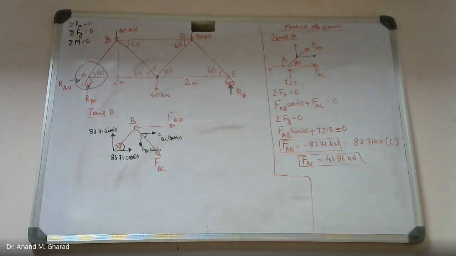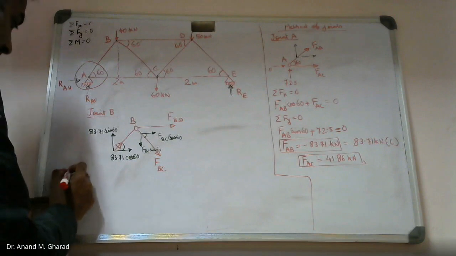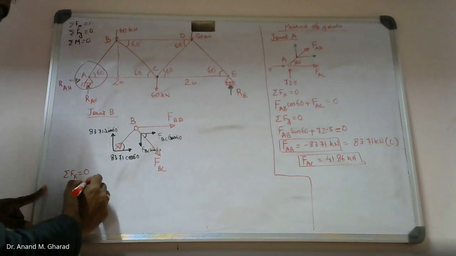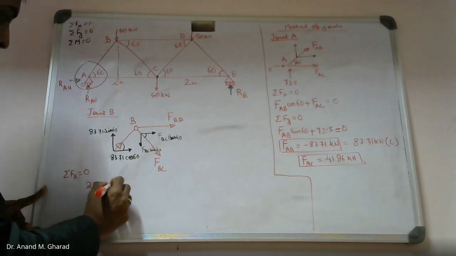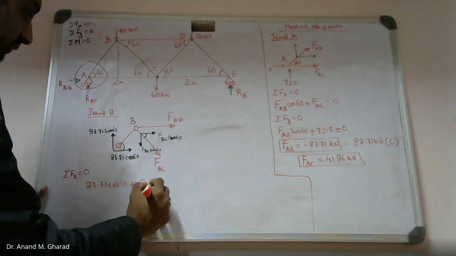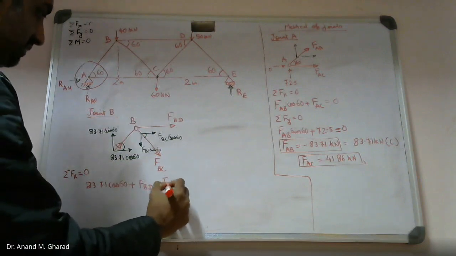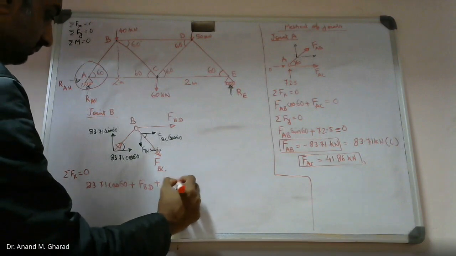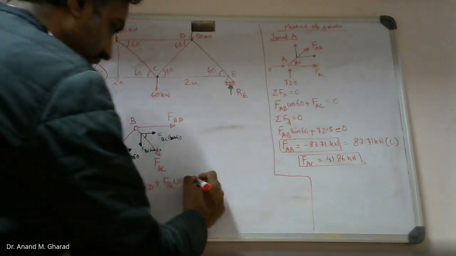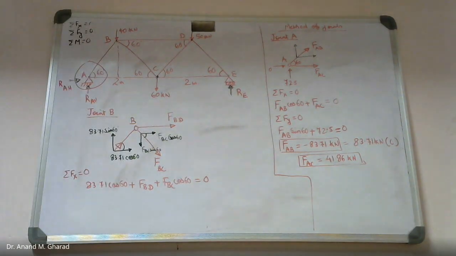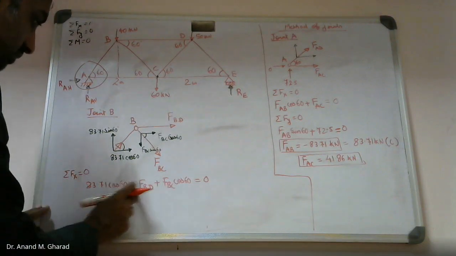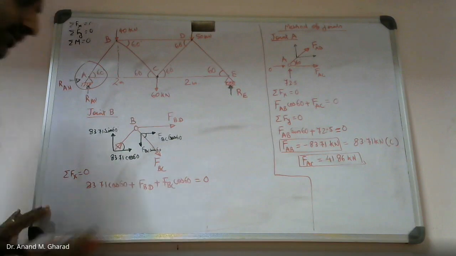Correct? Now make use of equations of equilibrium. Summation of forces in x direction equal to 0. How many forces are there? 83.71 cos 60 plus FBD plus FBC cos 60. All are acting in the positive direction. Okay, equal to 0. Then from here you will get some equation in terms of FBD and FBC.